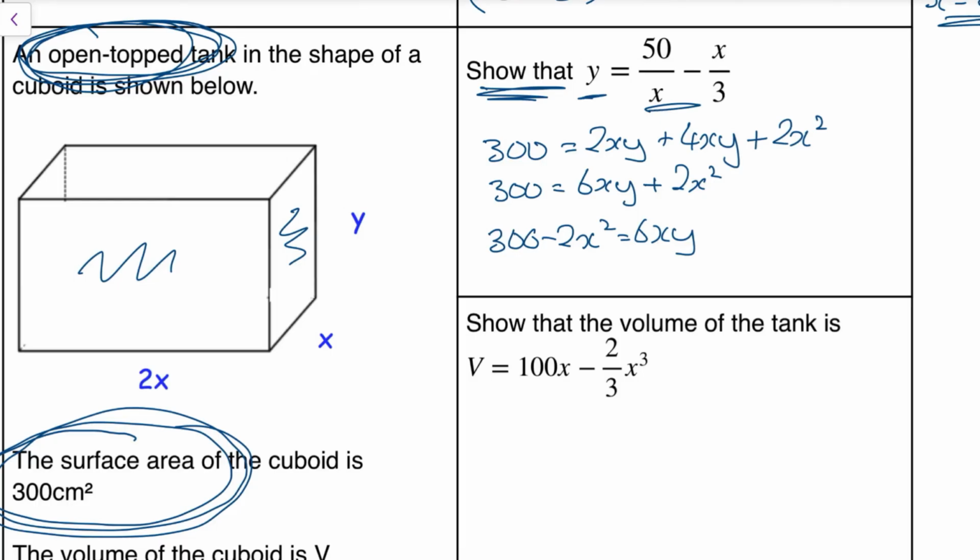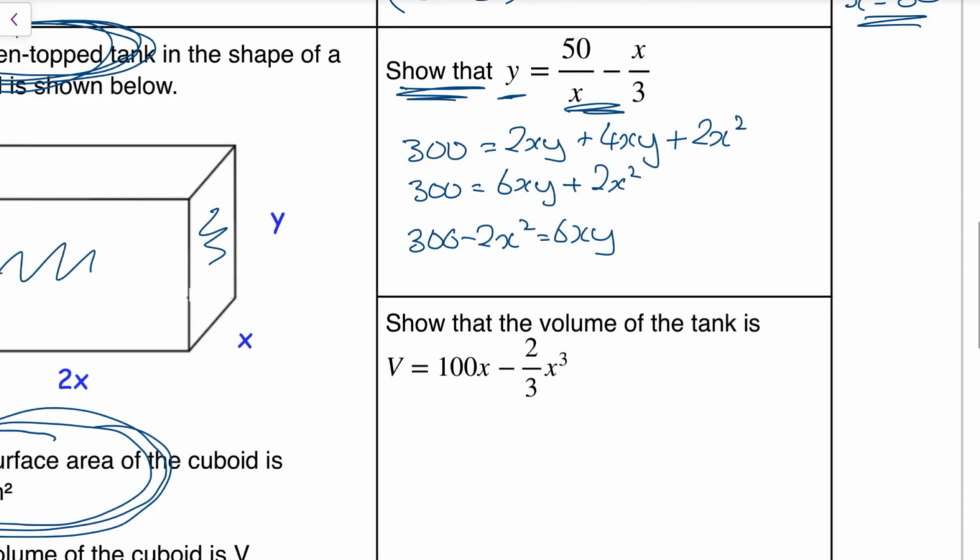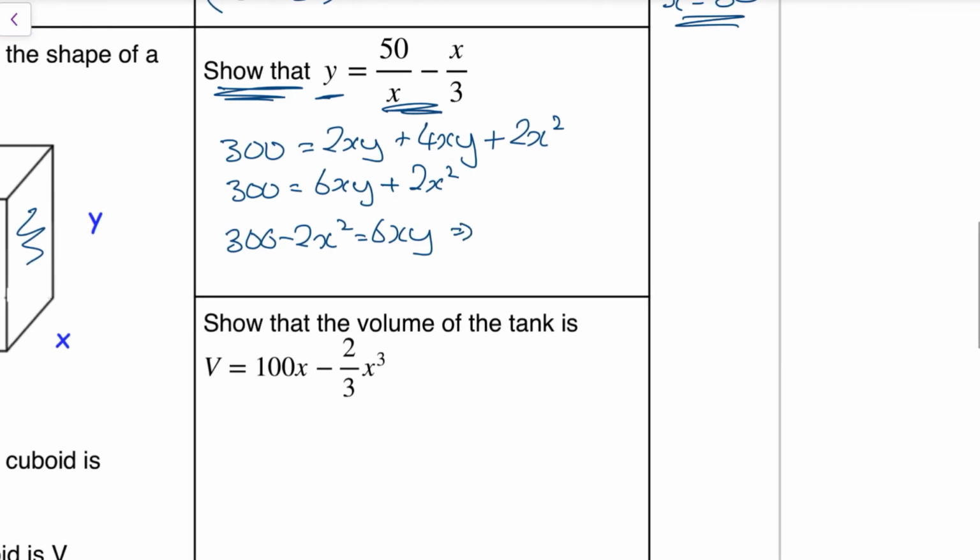If I divide both sides by 6x, that means that y, 6xy divided by 6x, is equal to 300 over 6, which is 50, divided by x, because remember I'm dividing by 6x, that's going to be 50 over x. And minus 2 divided by 6 is a third, so minus a third. And x squared divided by x is x, so minus a third x, which is the same as the thing I'm looking for. Question done.